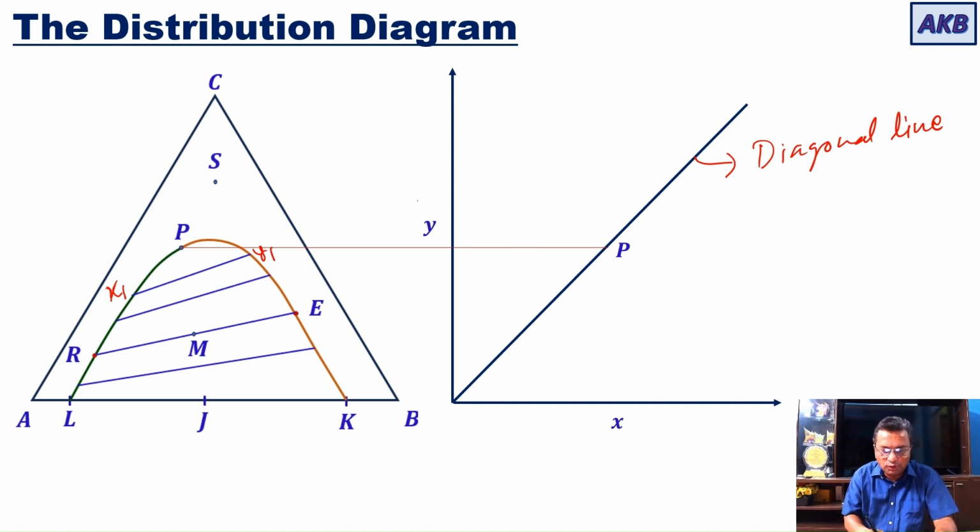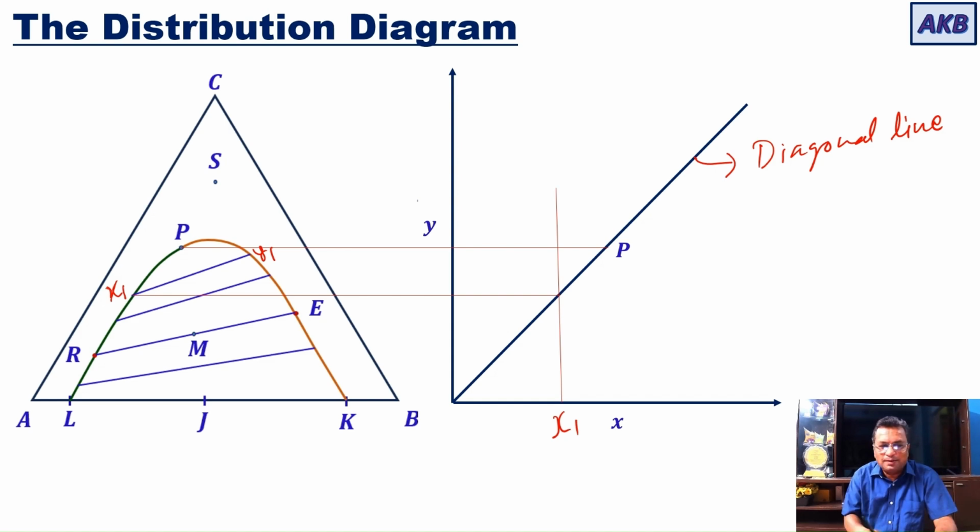So I'm going to get this X1 on the distribution diagram. For that, I'll draw a horizontal line till I go to the diagonal line. And if I draw a vertical line from this point, I will get X1 over here.